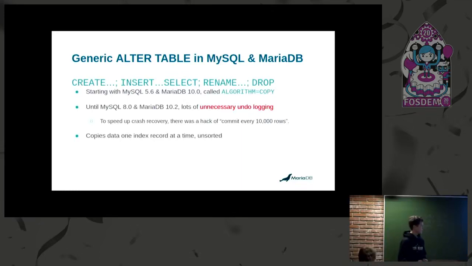And starting with MySQL 5.6 and MariaDB 10.0, this fallback mechanism is called algorithm equals copy. So you can explicitly request to have that form of alter table.